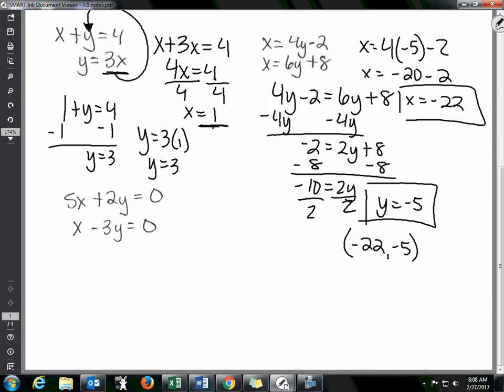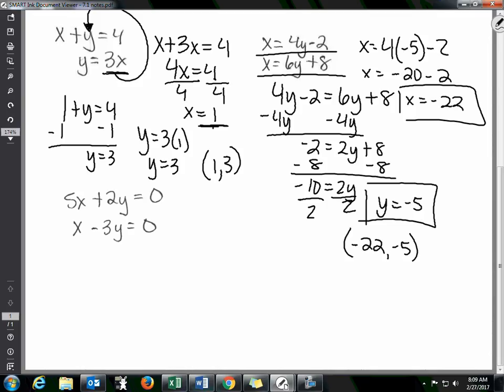So what that means is at negative 22, negative 5, these two lines, this equation and this equation, they cross at this point, right? At x plus y equals 4 and y equals 3x, at the point 1, 3, those two lines will cross, right? So if you go back to the graph, at those points, the lines will cross, right?